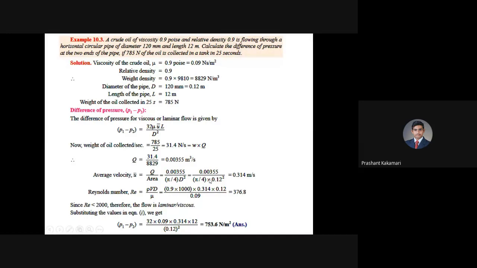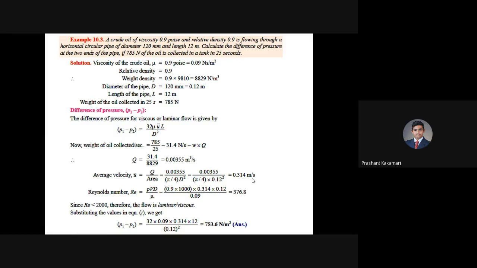At a given instance, what may be the average velocity of all the particles of water, or oil, coming out of the pipe? That average velocity is 0.314 meter per second. So in between maximum and minimum velocity, there lies one point at which the velocity of the particles of the liquid for a given ring of that oil flow will be around 0.314 meter per second.